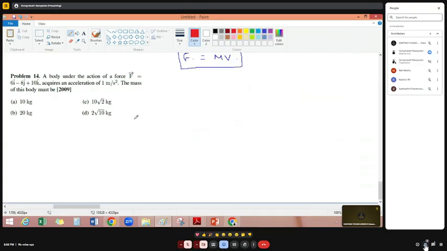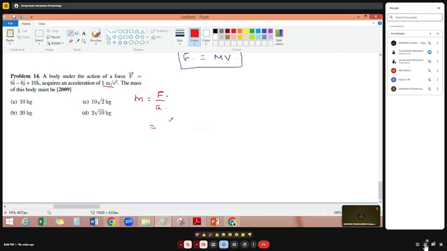A body under action of force F acquires an acceleration of 1 meter per second square. Mass of the body, M, is nothing but F by A. So A is 1, F you have to find the magnitude.